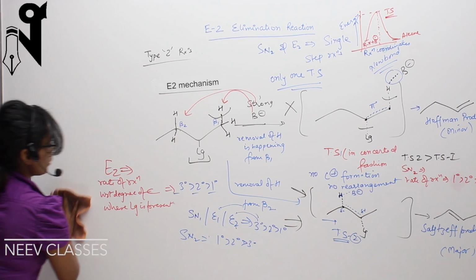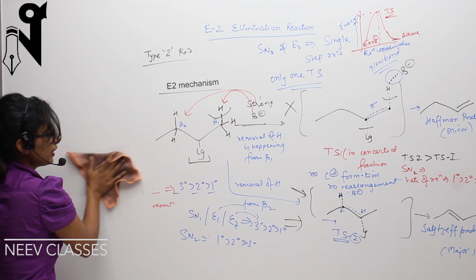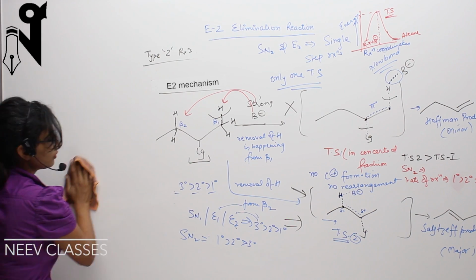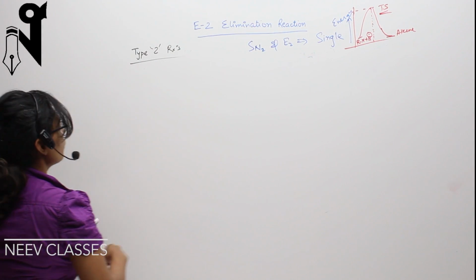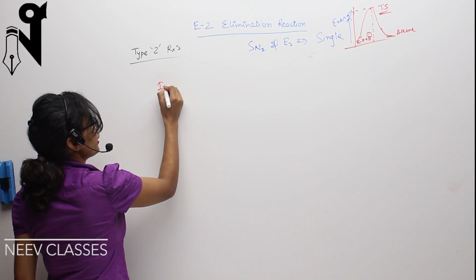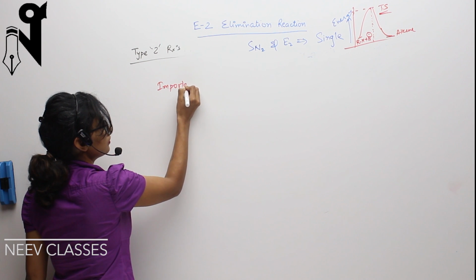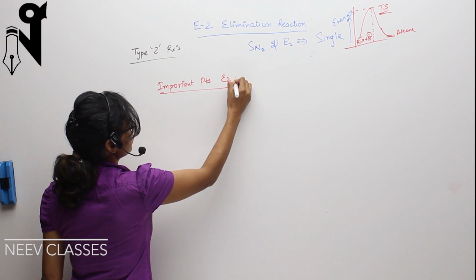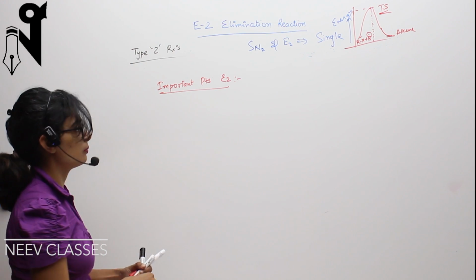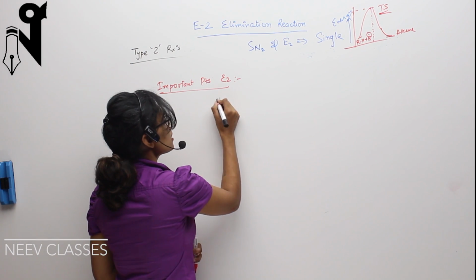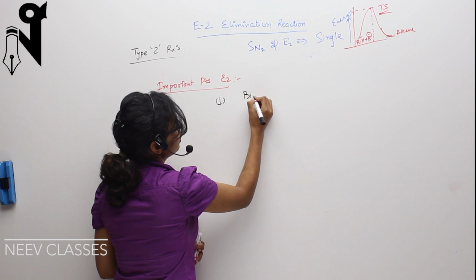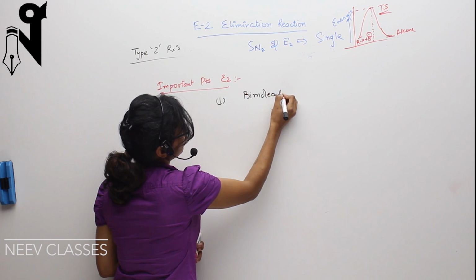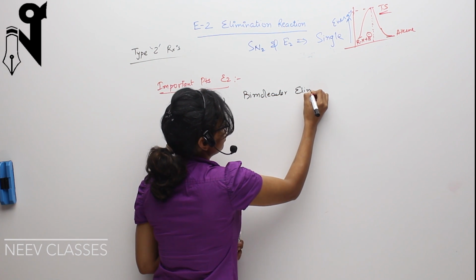So when we are talking about E2, let's quickly write down the small details of the E2 reaction. So now we will write down the important points about E2. First point, it is a bimolecular elimination reaction.